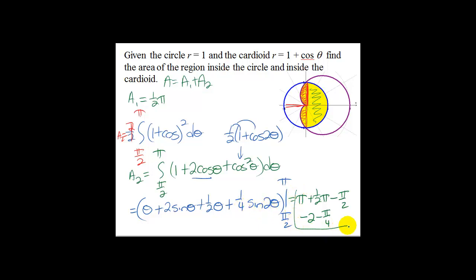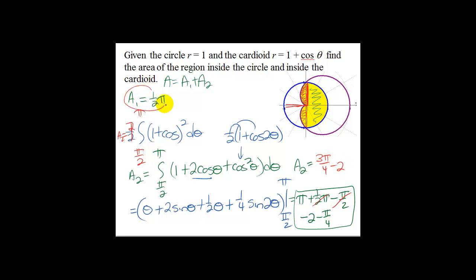So if I combine all of these, I will have my area 2. Area 2 is going to be, well, here we have pi over 2 and a minus pi over 2. So it looks like pi minus pi over 4, so that would be 3 pi over 4 minus 2.